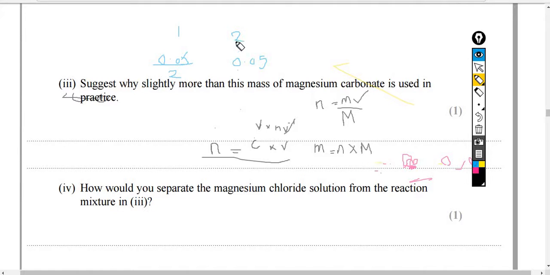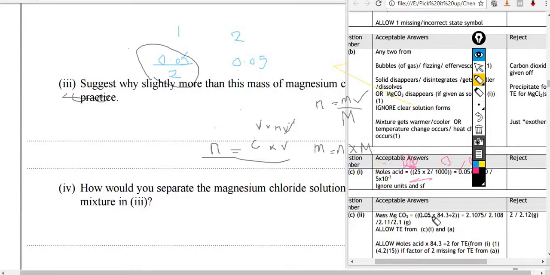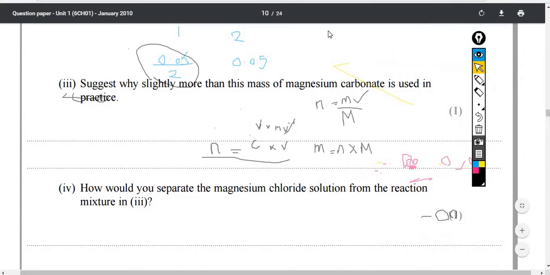Number of moles of carbonate is 0.05 divided by 2, and all together times 84.2, which is the molar mass, which will give you the answer, which is 2.1 if you round it off. Okay, so that's the answer for that question. We'll move on to the next question.